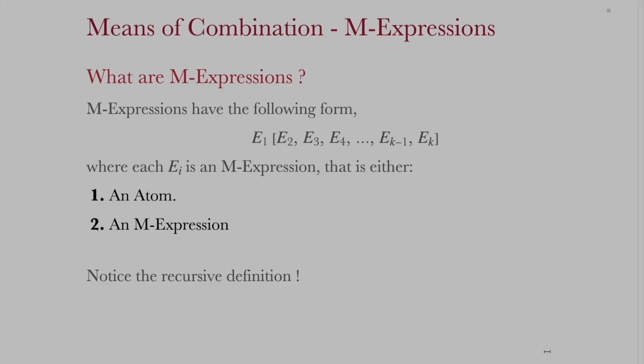Atomic primitives are considered valid M expressions, by the way. That is, any number, string, or symbol by itself is an M expression. That is because the definition is recursive. M expressions have the following form, where k could be any integer, and each ei is either an atom or an M expression. Also, e1 is called the head of the expression.